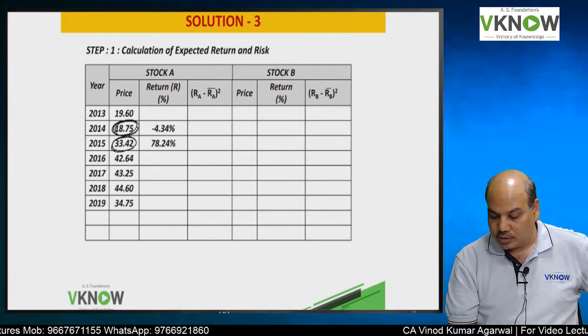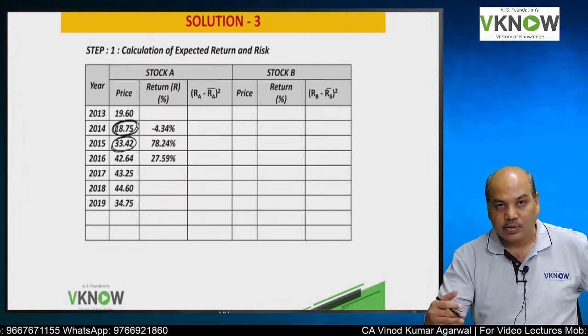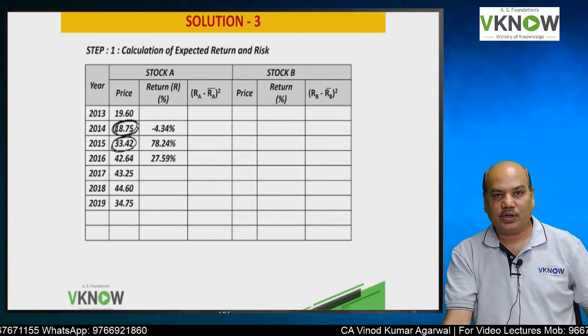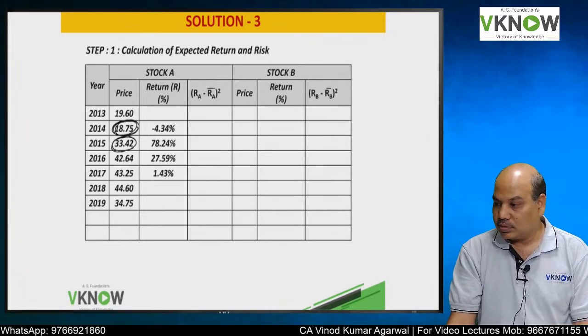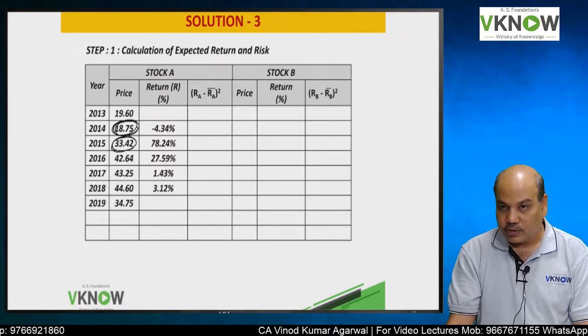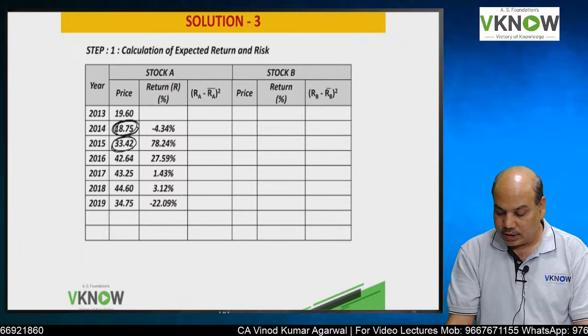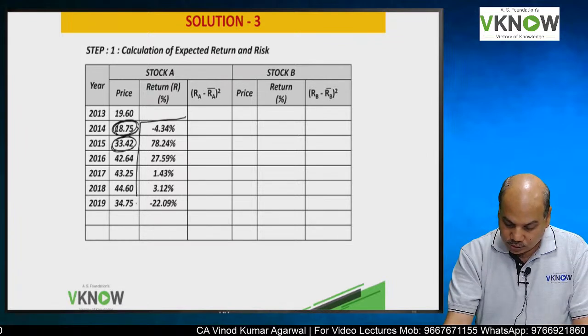So that is a huge 78.24%. In this way, do the calculation for remaining years. 27.59%. Yes, come on, next. 1.43. Very good. Next, 3.12%. Negative 22.09%.